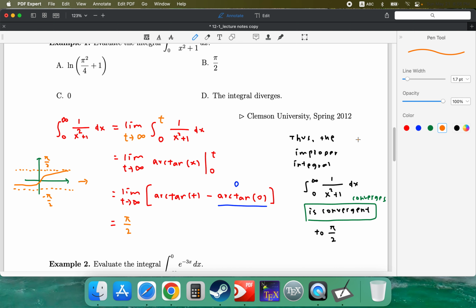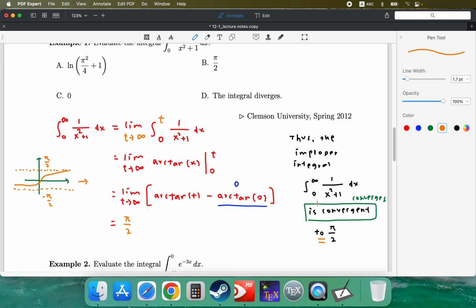Notice that right here we take the limit, so the value of the integral will approach pi over 2. So we use "to": this value will approach pi over 2, converges to that number. In the past a lot of students wrote down "at."